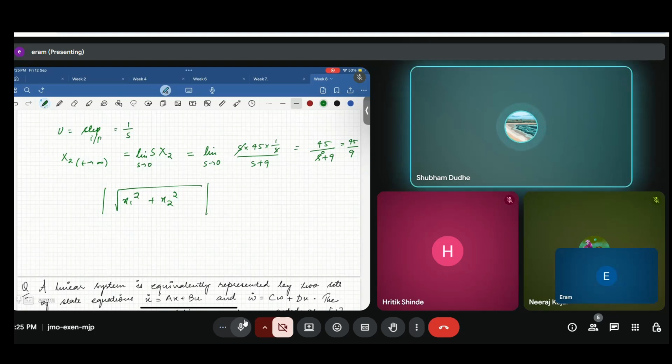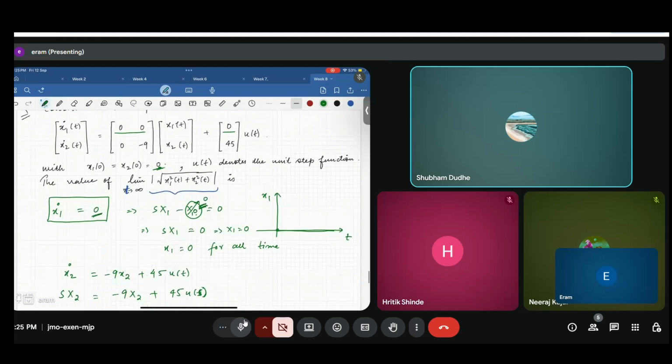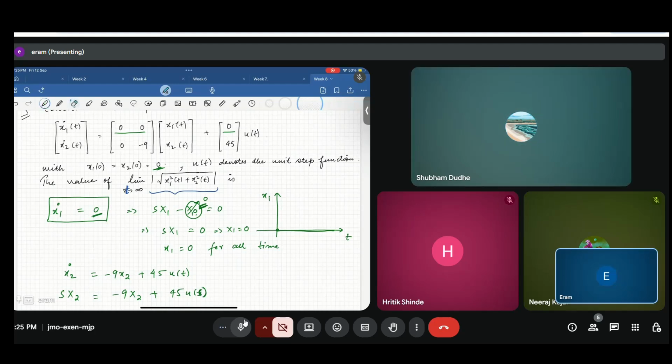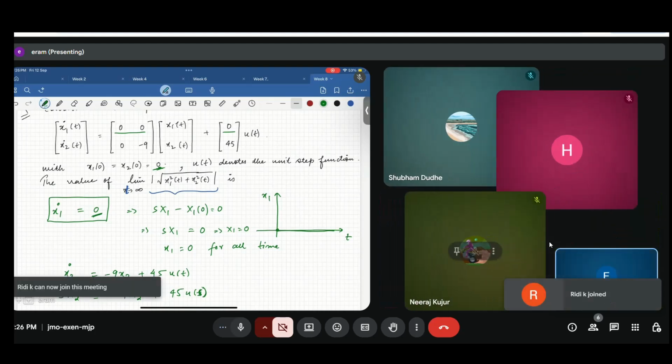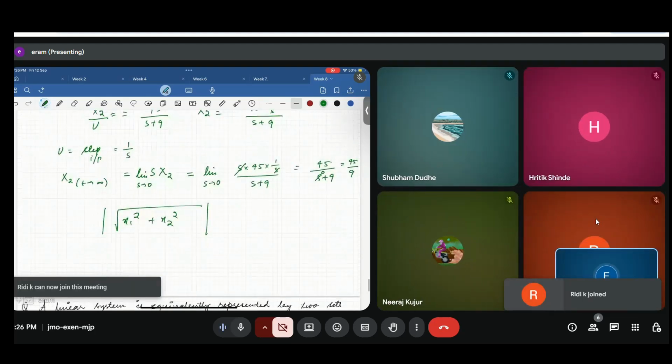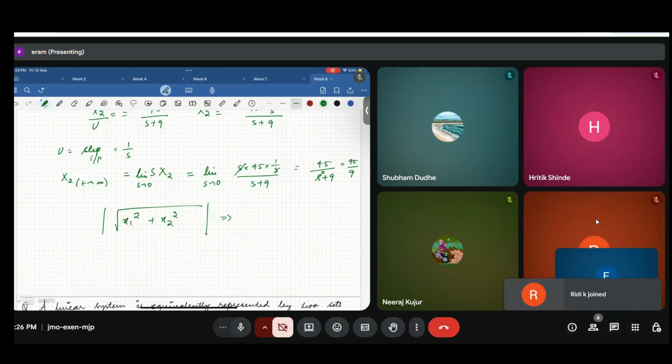Since this x1 is always 0, it is 45 by 9 whole square, which is the same as 45 by 9.